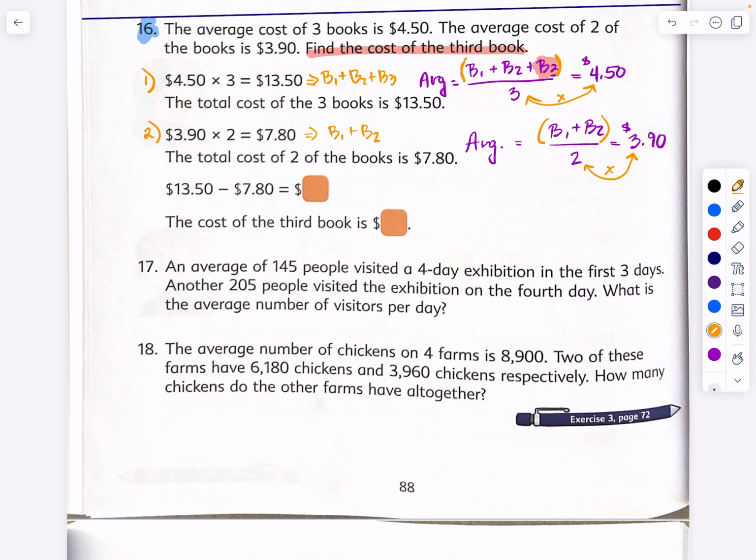Well, 3 books add up to 1350, 2 books add up to 780. Can we find the missing third book? Of course we can. We just subtract this quantity and this to find it. This is 2 books. In part 2 we did 3 books. So we subtract the 2, and the missing price is $5.70. So book 3 right here is $5.70.